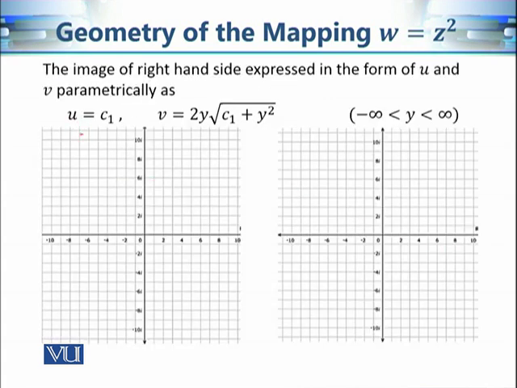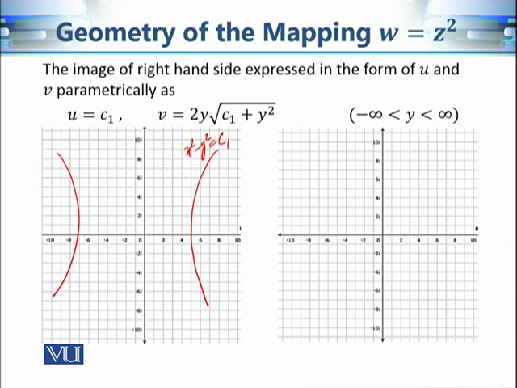Consider the first case where u = c1 and v = 2y square root of (c1 + y²). This is of course the image of the following parabola, let's say x² - y² = c1.